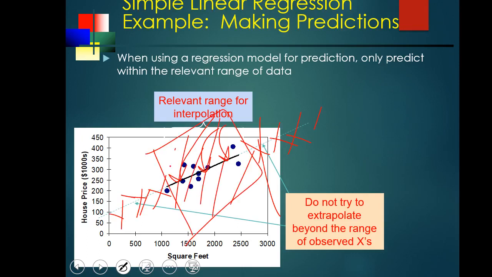So we can only predict the values within this line, but we cannot predict the values outside this line. So if the maximum value that we have, from which we have developed a model, is 7,000, we cannot put any value more than 7,000 in this equation to predict the price value.